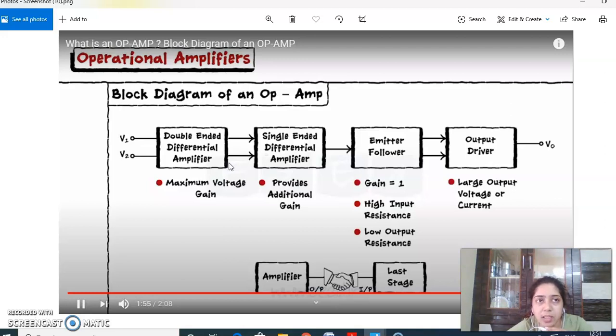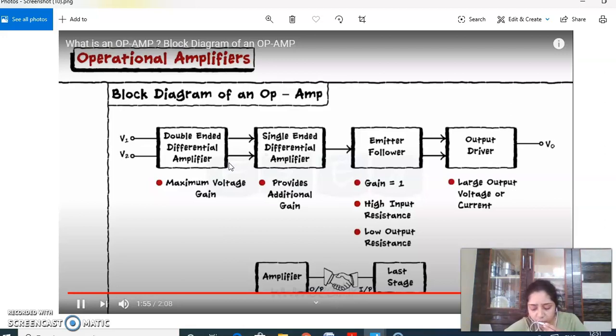The input is applied directly, and the input and output terminals are connected. The output is the same as your input. That is the purpose of using the emitter follower circuit. Whenever there is a need for unity gain, we can consider the emitter follower circuit.